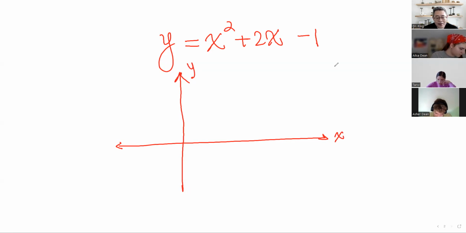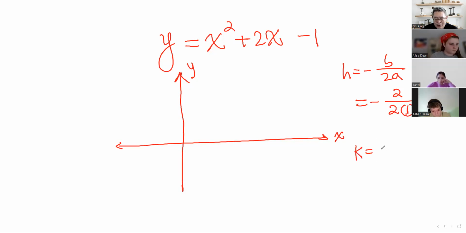Now we need to figure out the vertex point. For the vertex point, we know h is minus b over 2a. So in that case, our b is 2, our a is 1. So therefore we got -1. And our k is 4ac minus b squared over 4a. So 4, a is 1, c is -1, minus b squared, which is 2 squared, and 4a is 4.